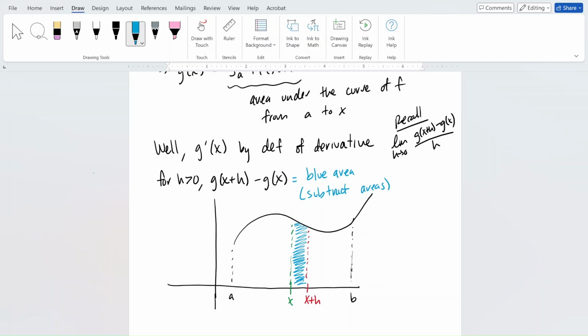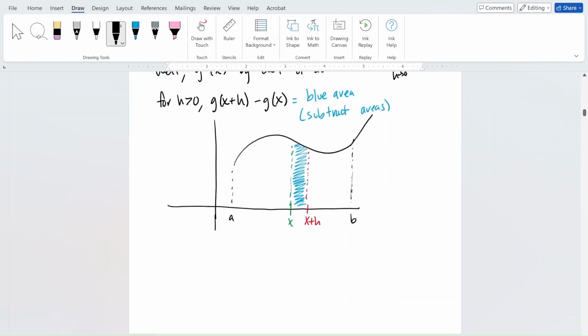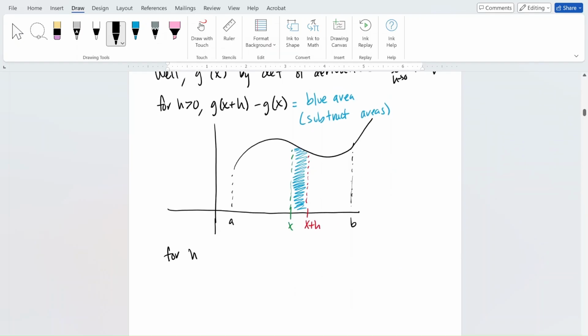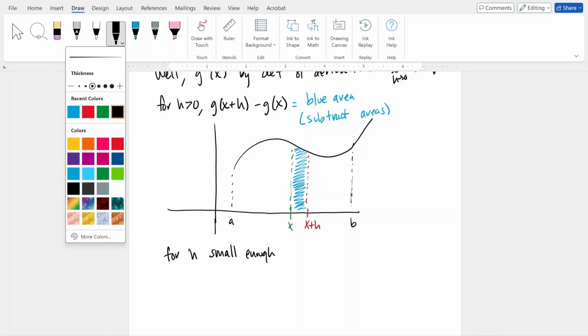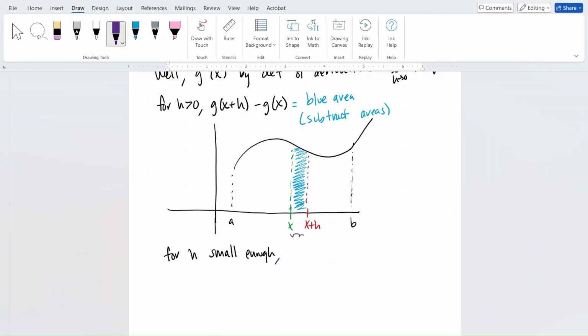Alright, so what happens if h is small enough? That would mean that x and x plus h are pretty close together. Let's use purple, why not? This distance from x to x plus h is h. Would you guys agree that if I took the height being f of x, at x, right here, you'll get this rectangle in purple.